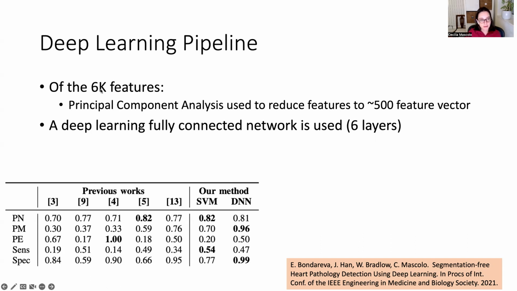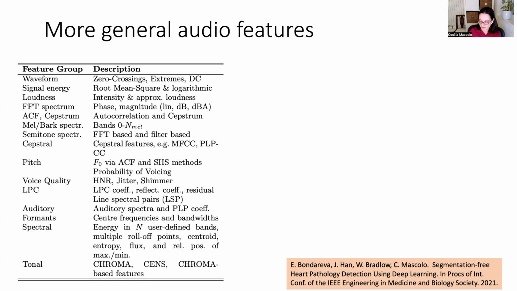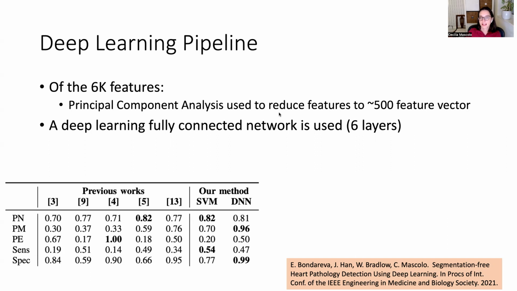In this particular case, they came up with 6,000 features, but then they used principal component analysis, which we have seen a couple of lectures ago as well, to reduce the features of importance to 500. Then they fed this to a fully connected network of about 6 layers and compared it to a traditional classifier. As you can see, in some cases, this is precision of normal, murmur, extrasystole, sensitivity, specificity.